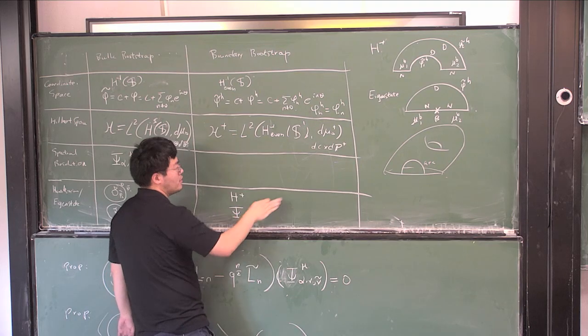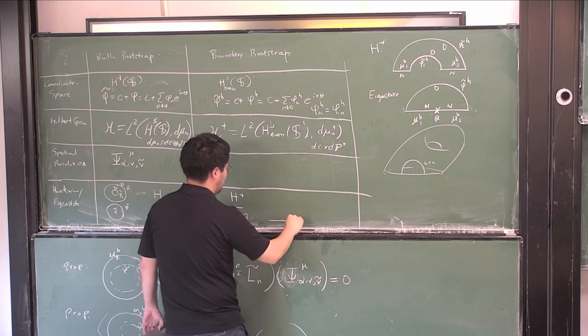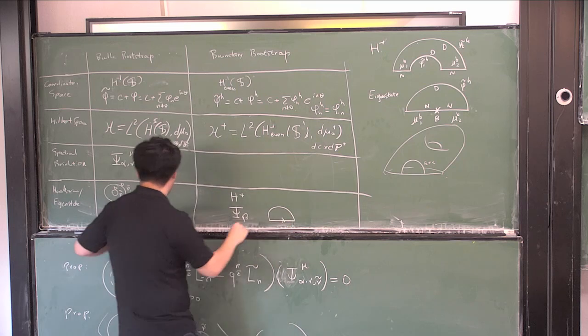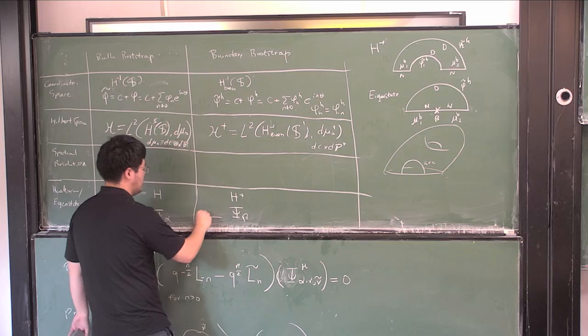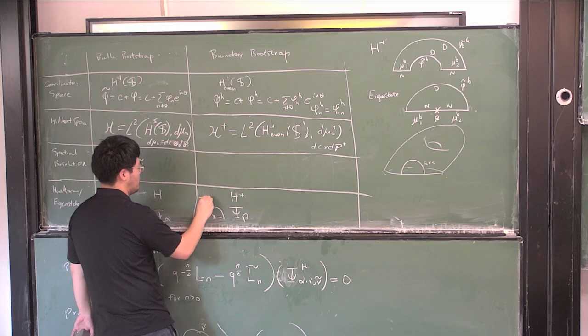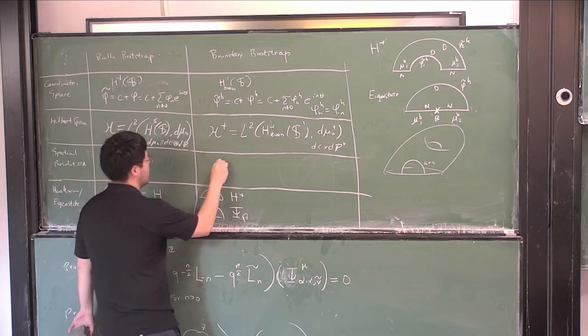For the primary one, it corresponds to this half disk. Compared to a whole disk, here it is a half disk. And this one corresponds to some half annulus.